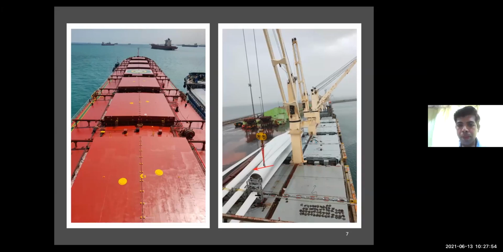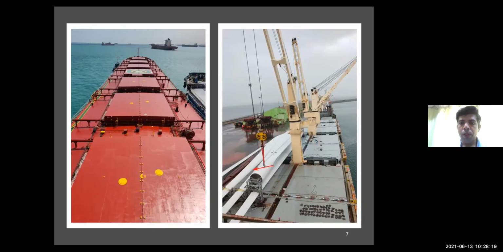Basically, I had gone to this particular ship for the loading purpose. These windmill blades are loaded over a hatch cover top, so basically utilizing each and every part of a ship. That is what we are looking for.